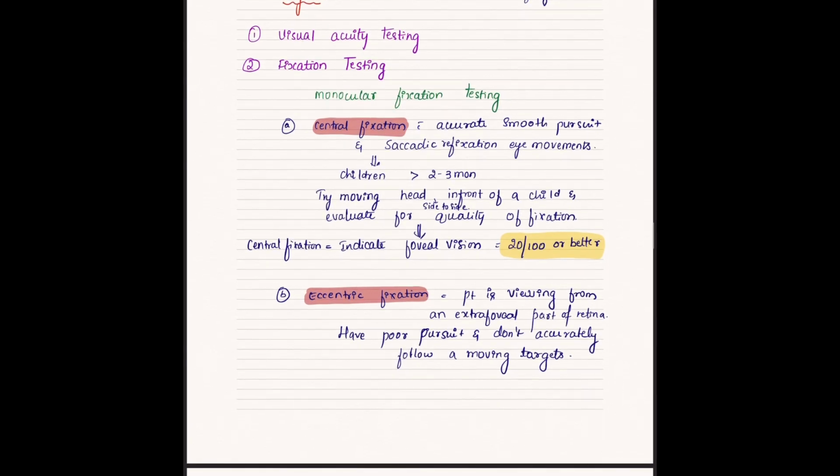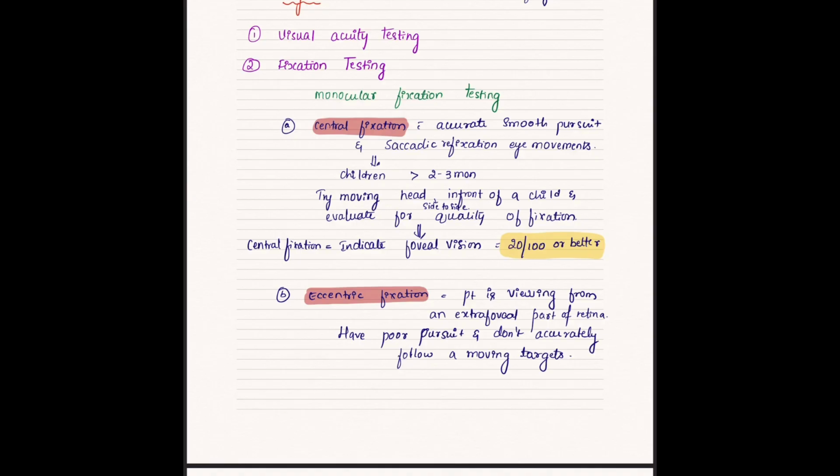To diagnose amblyopia, the first thing is visual acuity testing, as I said, and you also document the crowding phenomenon. Then comes your fixation test. There's something called monocular fixation, and you check whether the eye is fixating through the fovea or is eccentric. How do you test central fixation?